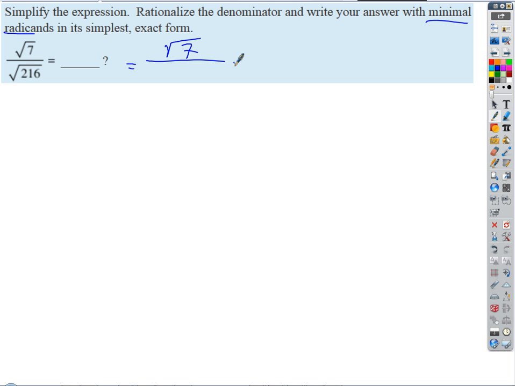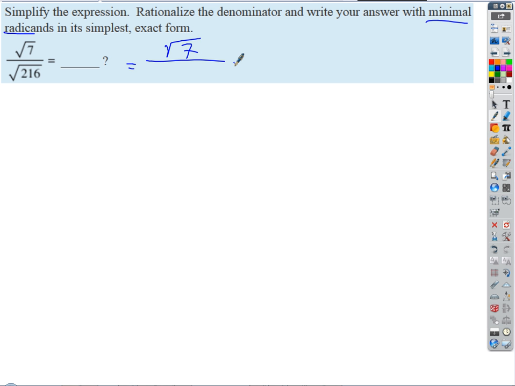There's no factor of 7, right? But what about 216? Let's look at our list. 216 is not a perfect square. Half of 216 is 108. Well, we're going to start there and go up. It's 6. So what's it going to be? Does 100 go into 216? You get 108. No. Does 81? No. Half of 64? 216? I don't think so.